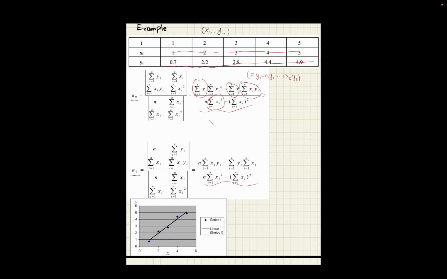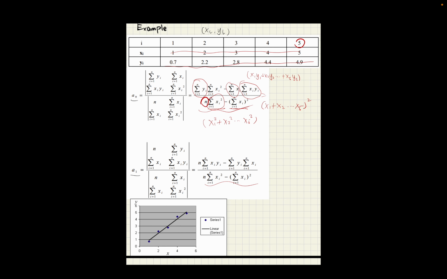This one is just x1 squared plus x2 squared all the way to x5 squared. So far so good. Also, just be careful, this and this are not the same. This one is actually x1 plus x2 all the way to x5 and then squared, so be careful. And you have noticed that n is 5. We have 5 points, right?